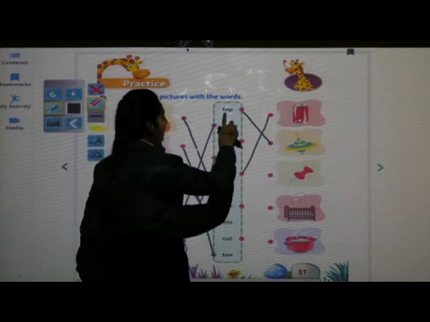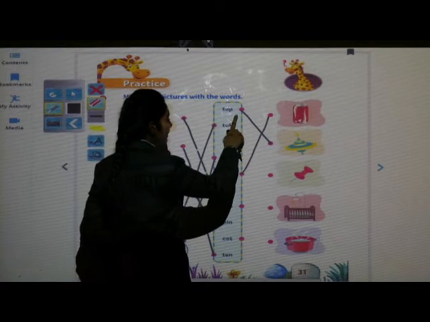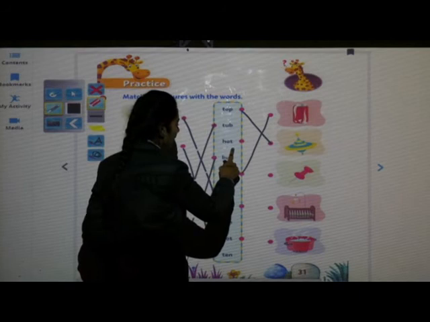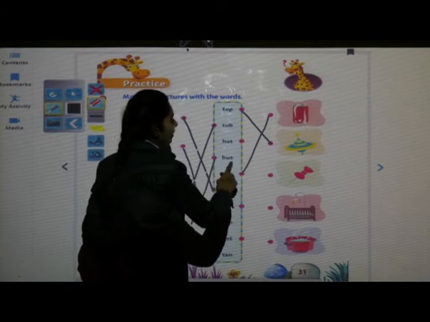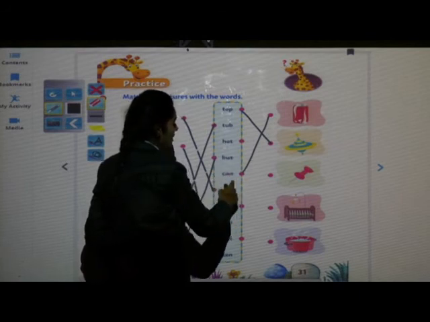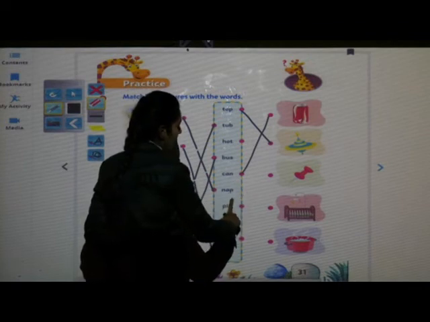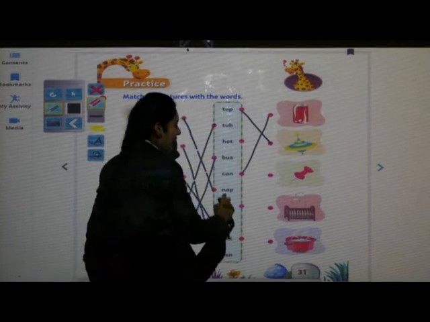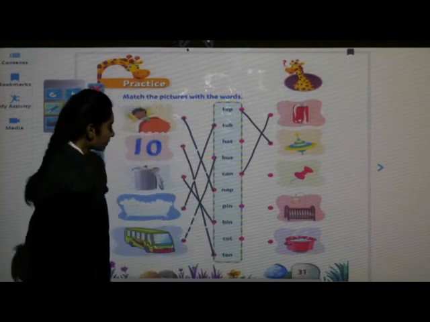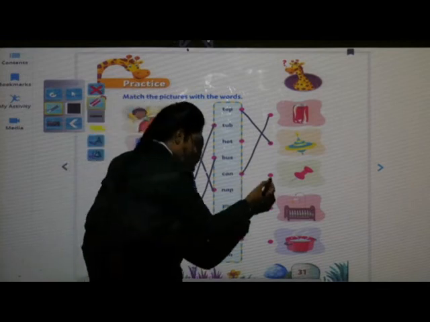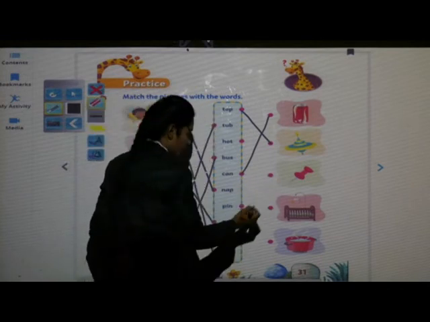We'll find out the spelling. Say T-O-P top, T-U-B tub, H-O-T hot, B-U-S bus, C-A-N can, N-A-P nap, P-I-N pin. Okay children, so match the pin to this word.